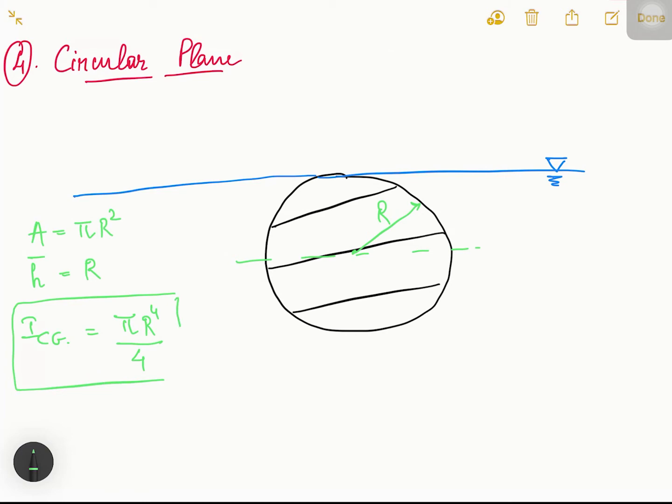So many of us might have forgotten this value. So here it is to quickly revise, and I request all of you write it down along with me and try to memorize all these values. It will be very helpful while solving the problems.